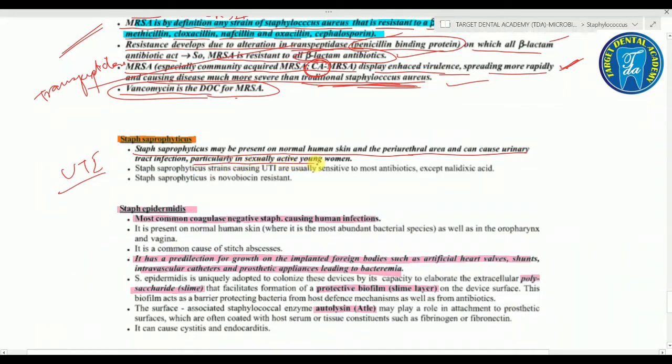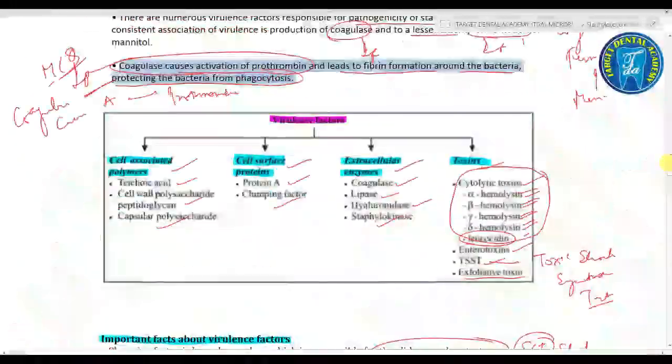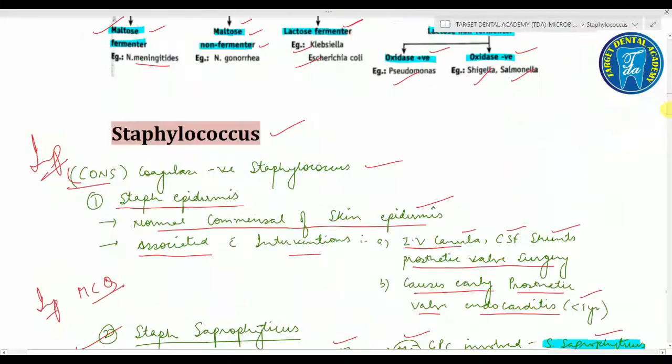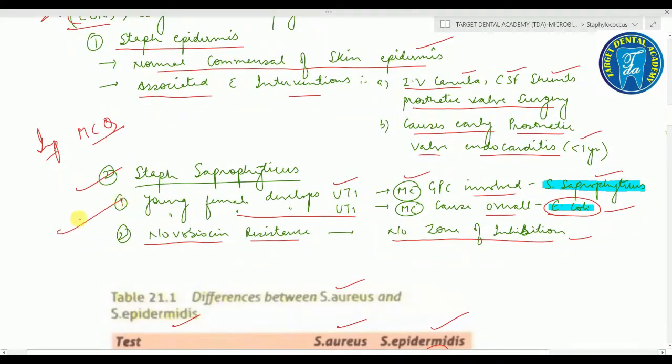Particularly in sexually active young women, the Staphylococcus saprophyticus strains causing UTI are usually sensitive to the antibiotics, except nalidixic acid. Staphylococcus saprophyticus is novobiocin resistant. We have already discussed this at the beginning here.